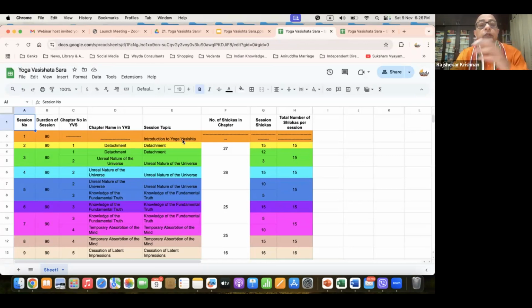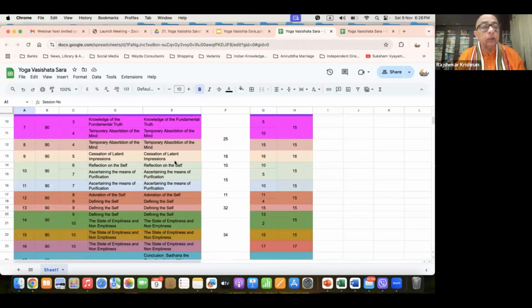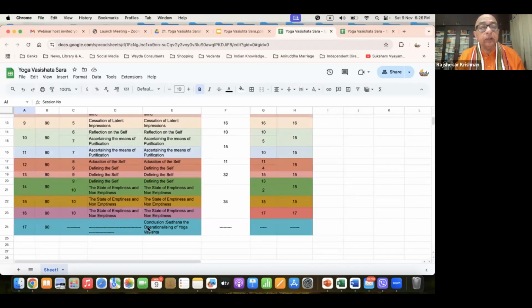So it will take you in a funnel fashion from the 32,000 to the 223. And of course, the 223 are going to be dealt with across these sessions till number 60. But thereafter, interestingly, the concluding session is going to be on the sadhana, or the operationalizing of the Yoga Vasishta.